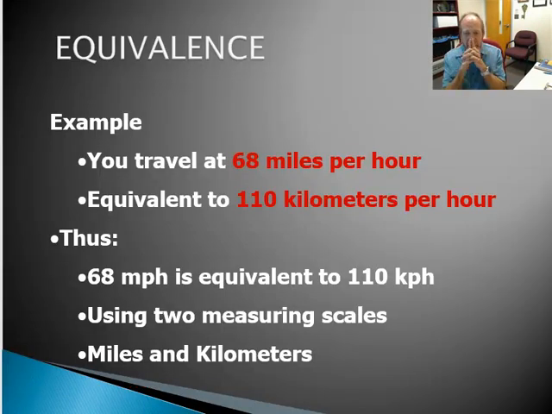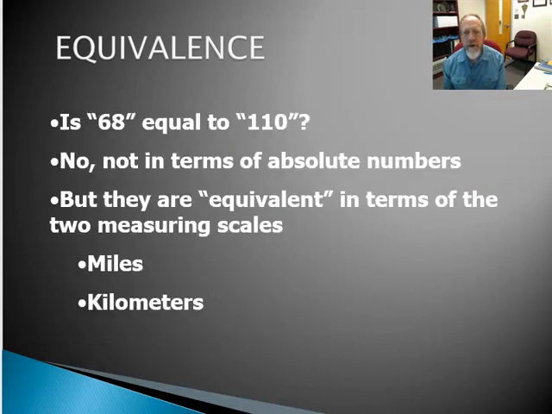Now, this is important: the concept of equivalence. In the case of this example, which is actually meaningless in the sense of money, if you have different sets of units, different numbers can be equivalent. 68 can be equivalent to 110, just because you're talking about the difference between miles per hour and kilometers per hour.